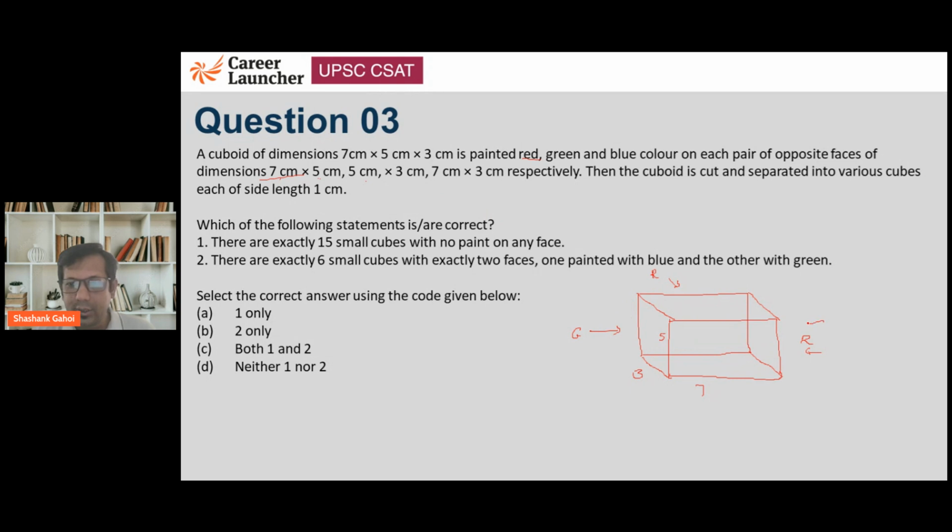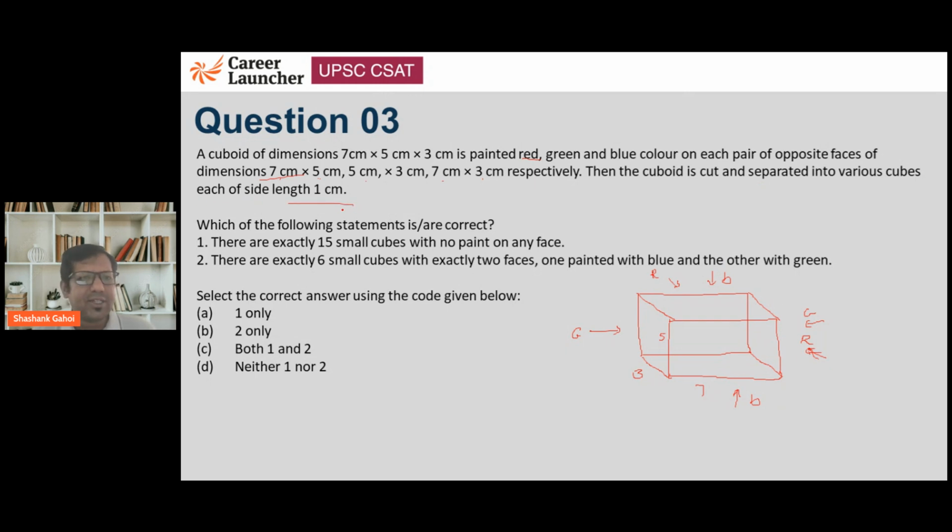This is also green. Then 7 into 3 is the bottom one, that is blue, and the top is also blue. Then the cuboid is cut and separated into various cubes of side length 1.